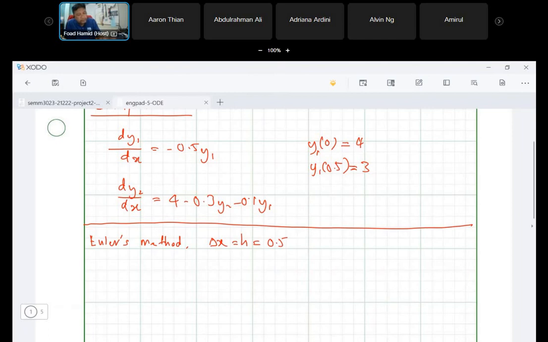So from the first equation, y1 at i plus 1 is equal to y1 i minus 0.5 y1 i times h.